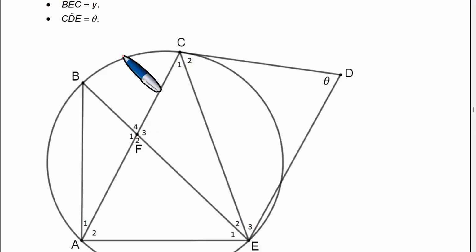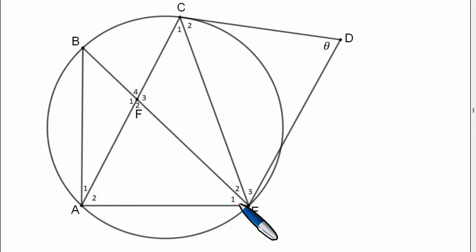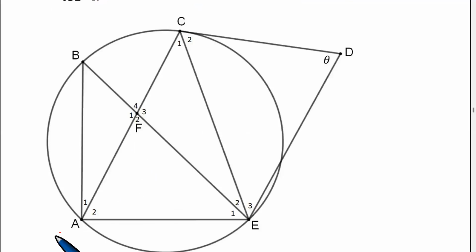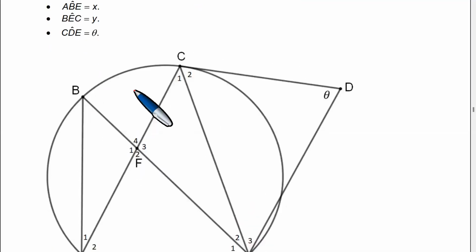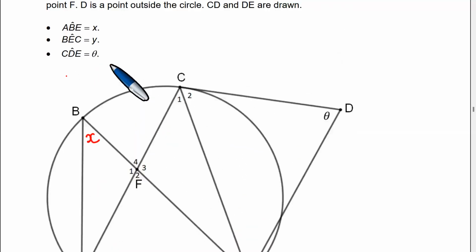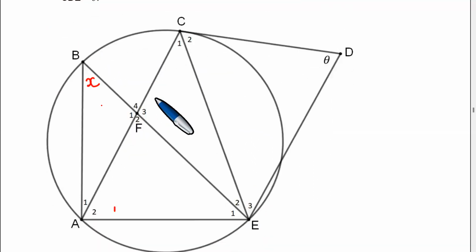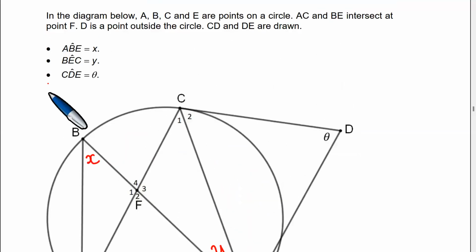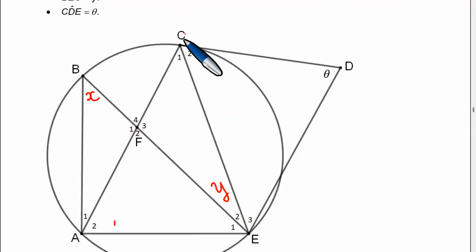ABE equals X. If they give you angles, you need to mark them in the diagram to make it easier. ABE is X, so this one is X. Next, BEC is Y. This one is Y. And then CDE is theta, which has been marked already.